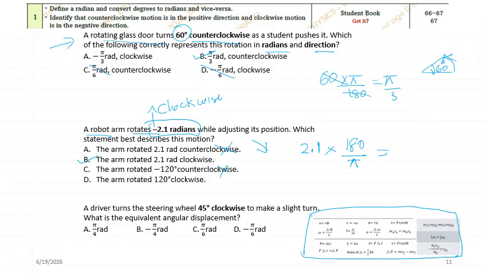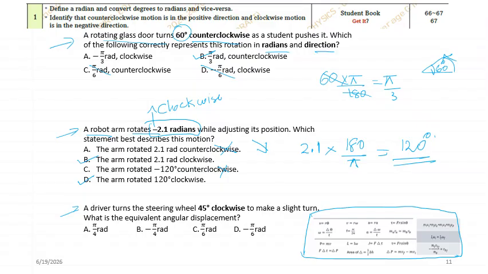When you do that, finally we get 120 degrees. So 120 degrees clockwise is also correct. So in this particular question we have two correct answers, B and D. Now let us go to the next question.